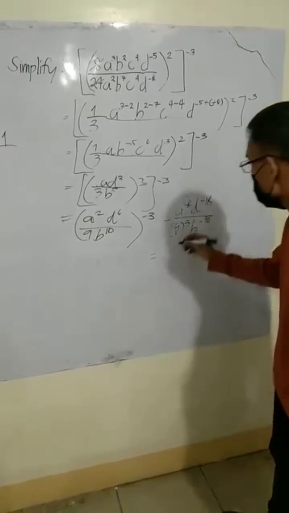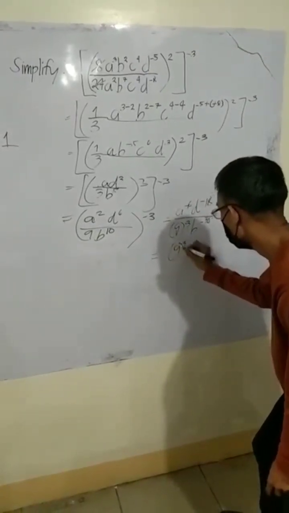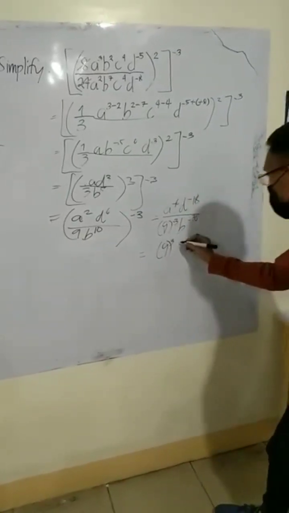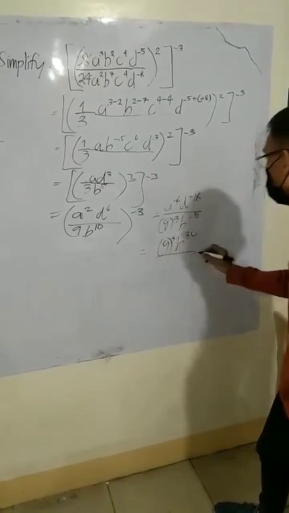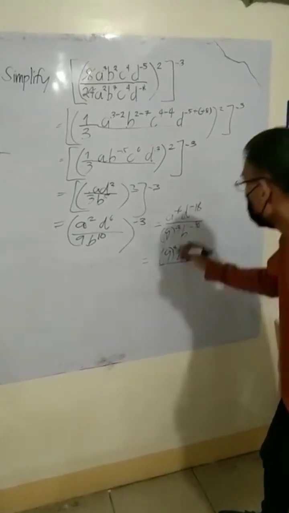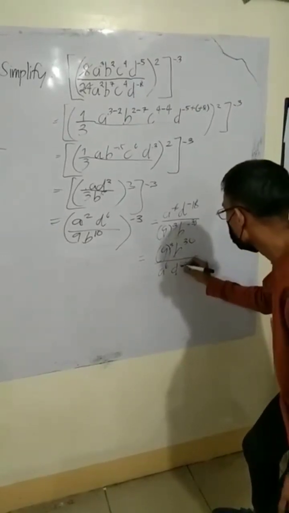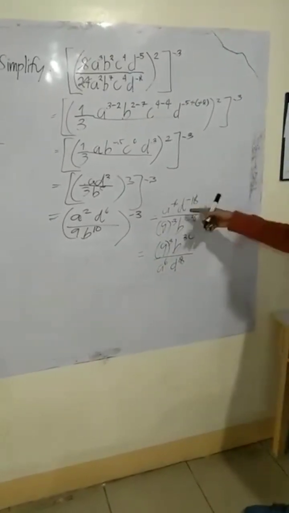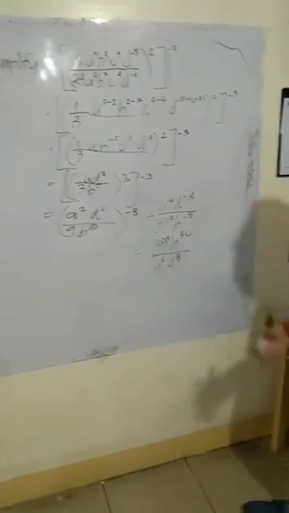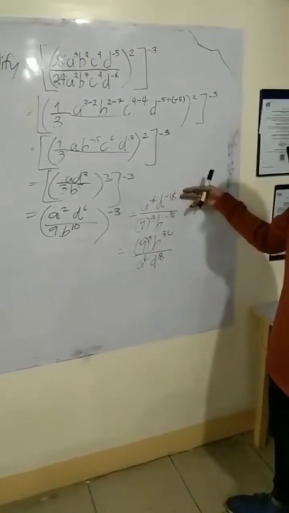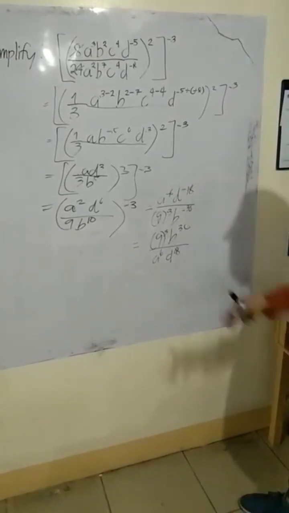So this becomes 9 cubed. It became positive, that's why we flip it. b raised to 30, and then a raised to 6, and then d raised to 18. So from negative, it became a positive exponent, but we have flipped them: from numerator, we transfer to the denominator, and from denominator, we transfer to the numerator.